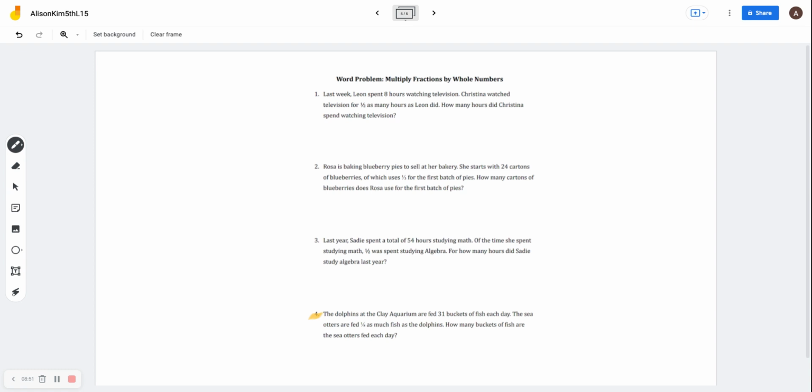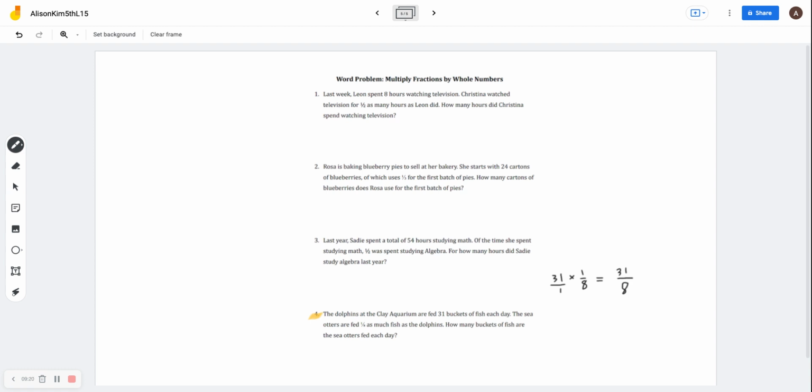So since we know that dolphins are fed 31 buckets of fish each day, and that the sea otters are fed only 1/8 of that, we just need to multiply 31 by 1/8. And as I said in the previous worksheet or the previous page, all whole numbers are over 1. So once I know that, I'm just going to multiply across. So it's going to be 31 over 8.